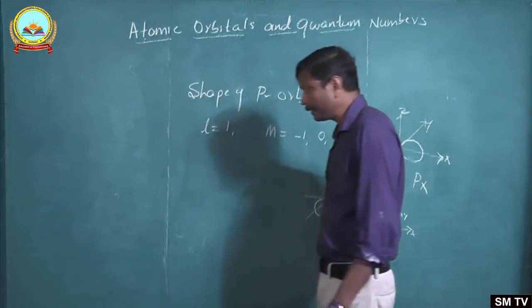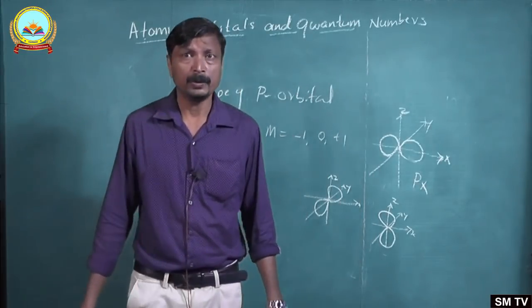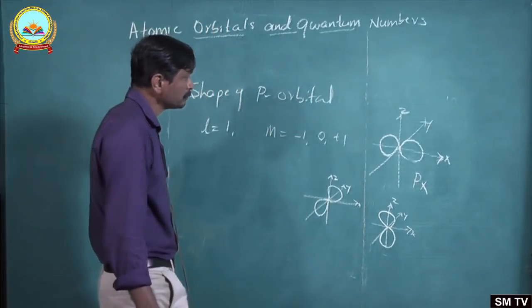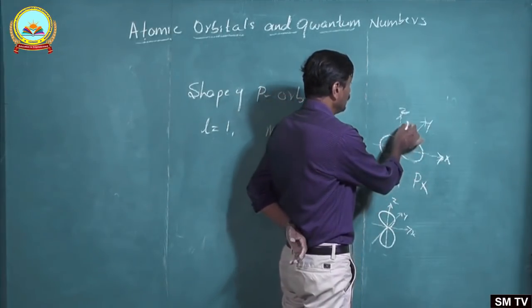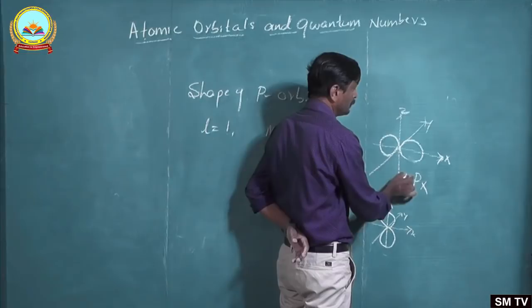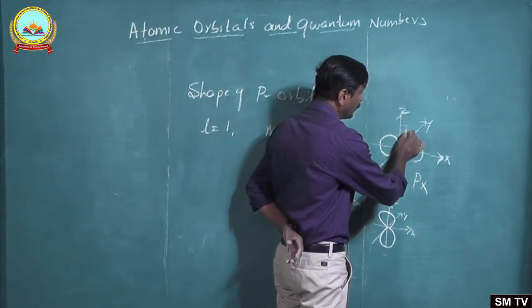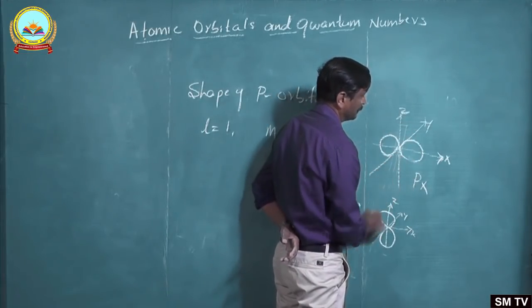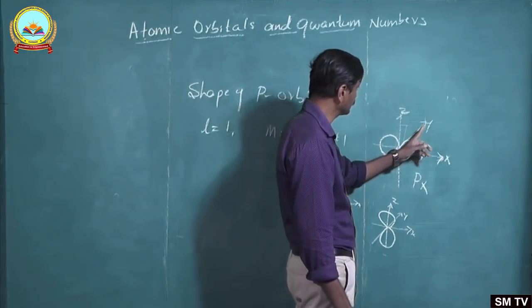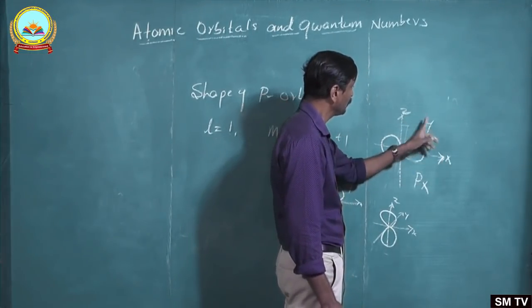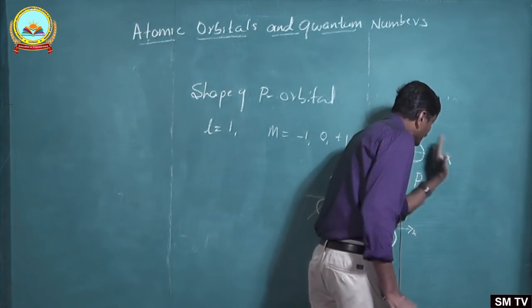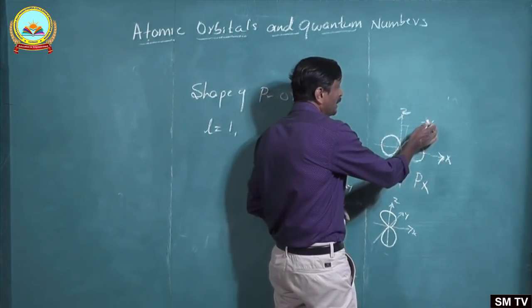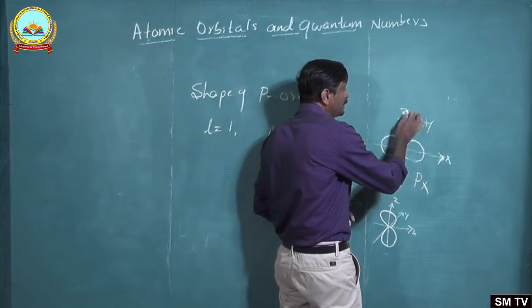What about the node plane? Suppose you take a px orbital. Along the xy plane, you cannot find any electron density. For the px orbital oriented along the x-axis, you don't have electron density at the yz plane.